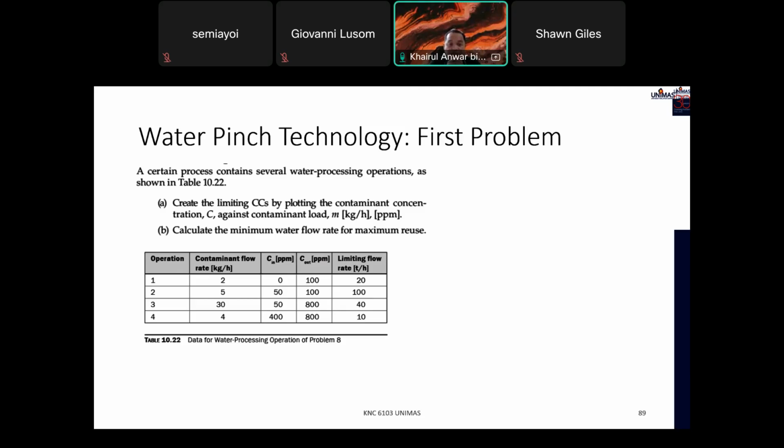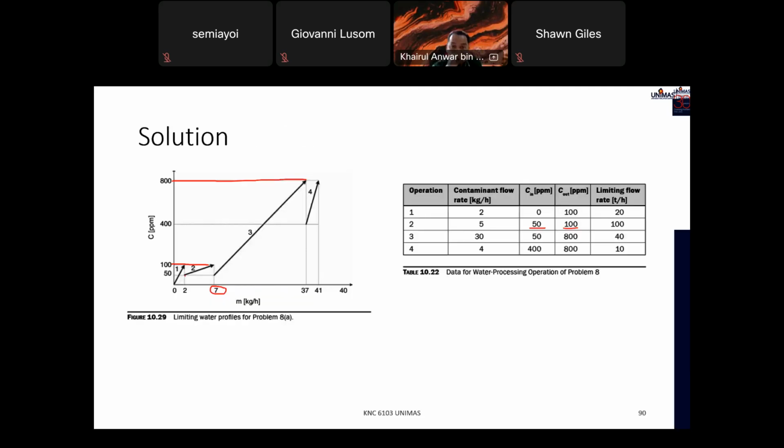Calculate the minimum freshwater for maximum reuse. So this is LCC. Another method, or many methods, but in the end, it's the same.